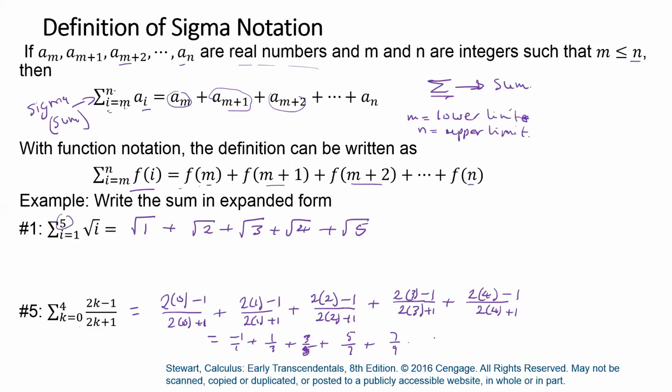So we have this. Then we can simplify this to get the actual value, but it's just in the expanded form, so we don't do anything else after that.